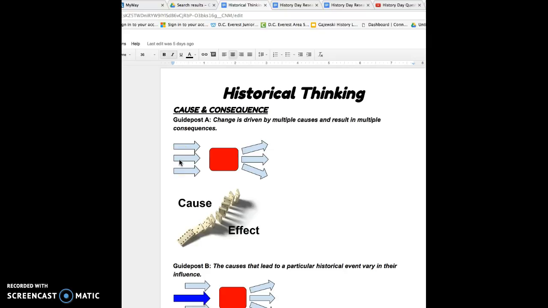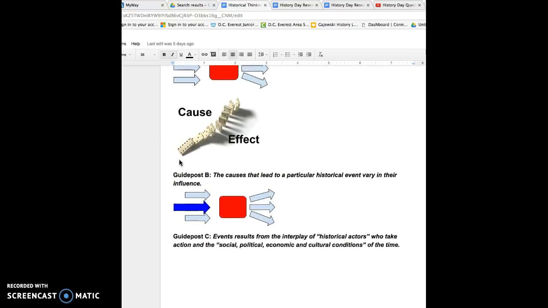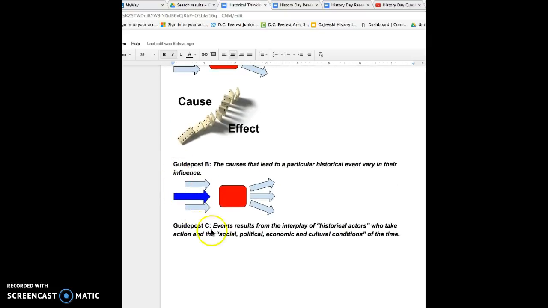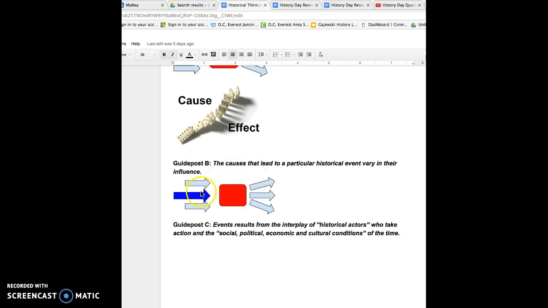Some of you have already started looking at the Articles of Confederation, and you've shown that there were many different problems with the Articles of Confederation. Taking a look at this guidepost here, this one says that the causes may vary in their influence. So one might be more major. I could have made one of these arrows even smaller so that it wasn't quite as big of a deal.